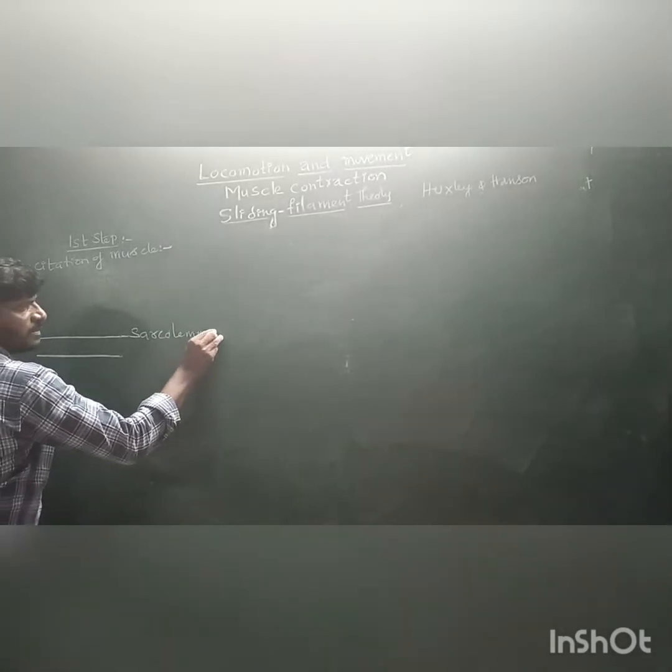How is the muscle excited? If you see, this is the sarcolemma. Sarcolemma is the muscle plasmalemma. When the muscle is at rest, there is a positive ionic charge in the ECF and a negative ionic charge in the sarcoplasm.